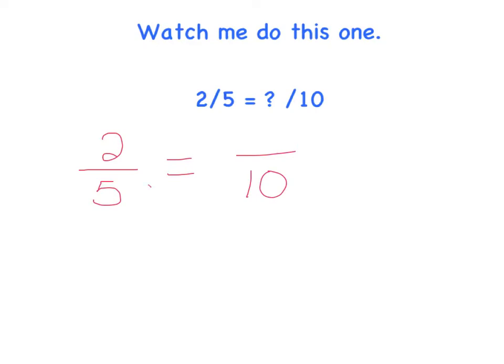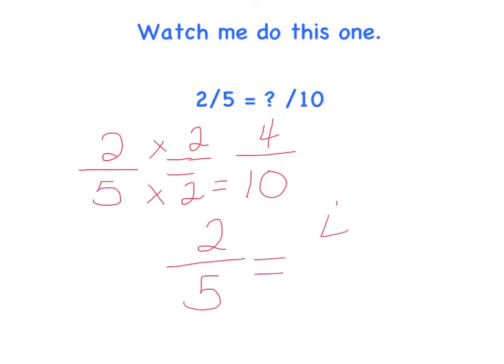I know that 5 times 2 equals 10, so therefore I have to do the same thing to my numerator. I have to be fair, and so 2 times 2 is 4. So this shows me that 2/5 is equivalent to 4/10, and you can check on your fraction bar sheet to see if that is correct.